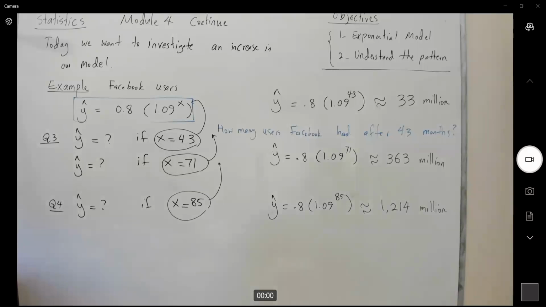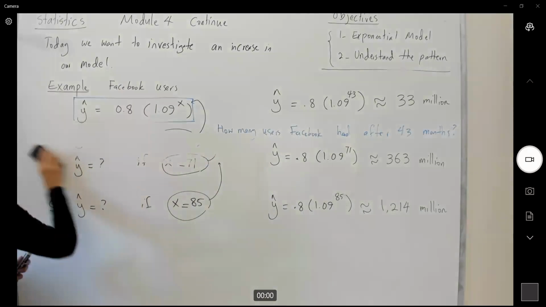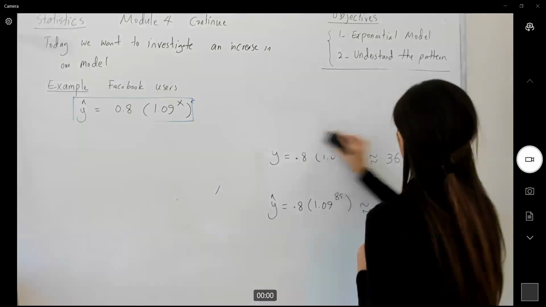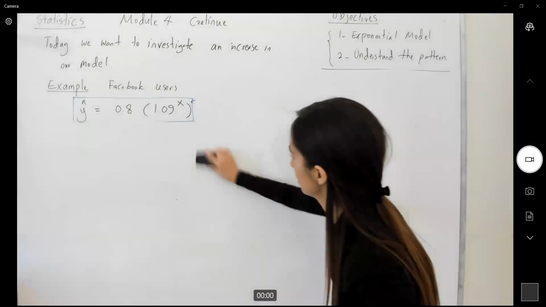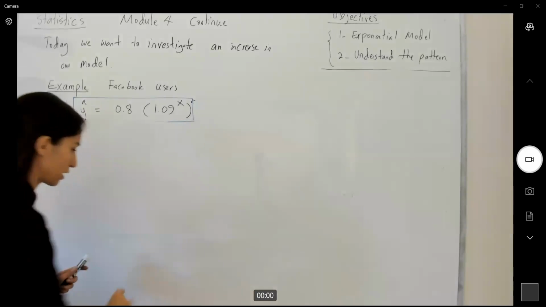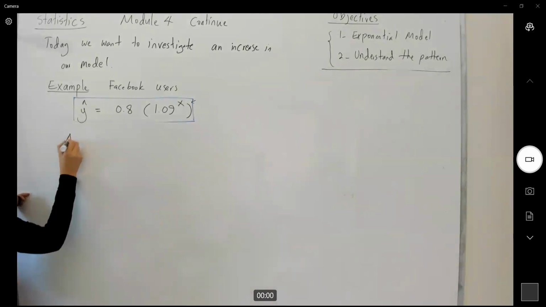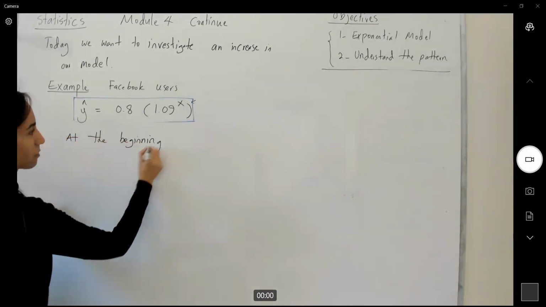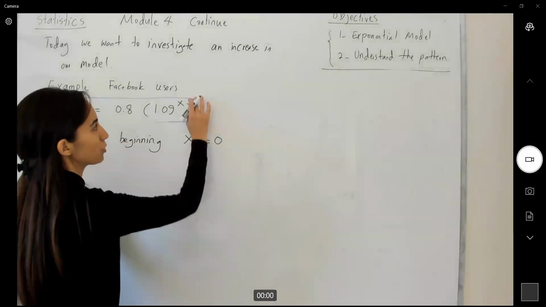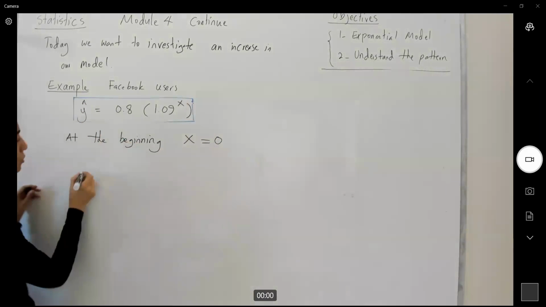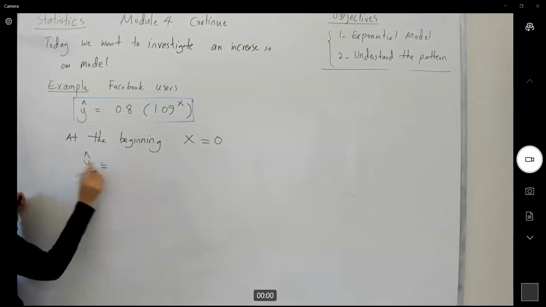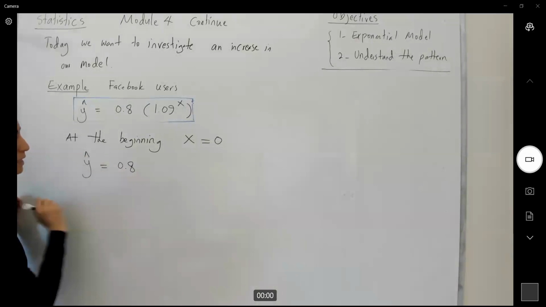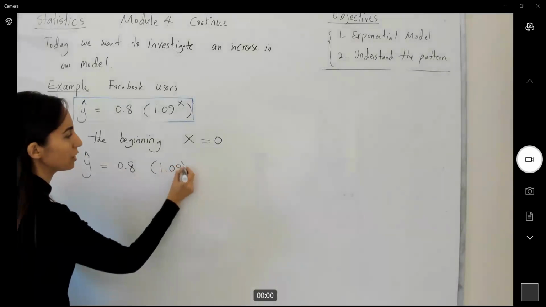So how about the initial value? How do you find the initial value, and does it make sense? At the beginning, it means that it just started, so x is equal to 0. When x is equal to 0, your predicted number of Facebook users is 0.8 times 1.09 raised to x.